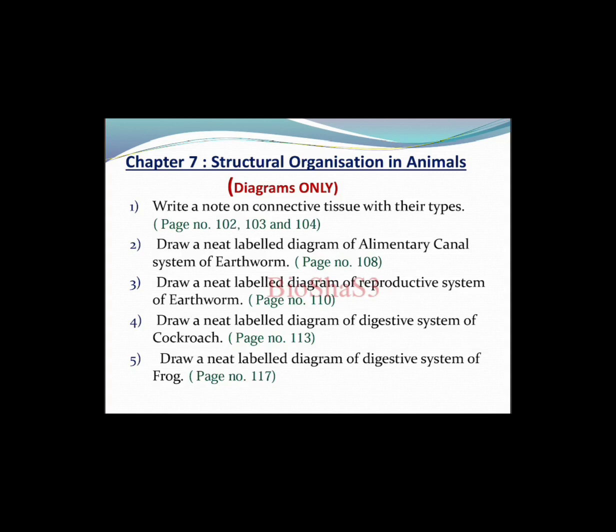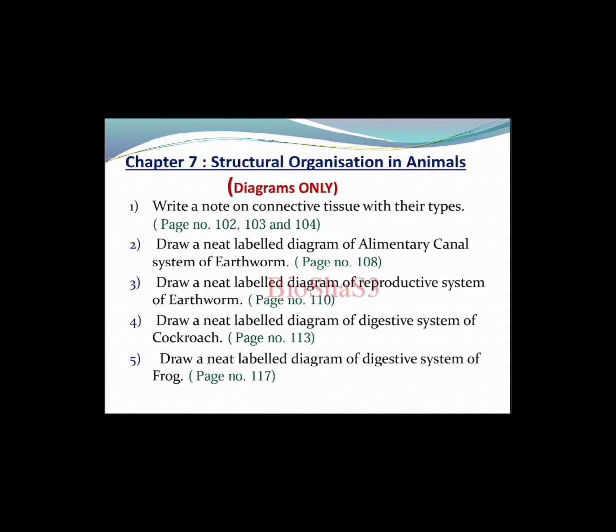Then draw a neat labelled diagram of the alimentary canal system of the earthworm. Look into the diagram and practice many times so that you don't miss marks. Whenever a 5 mark question contains a diagram, 1 mark is for the neatness and drawing of the diagram.